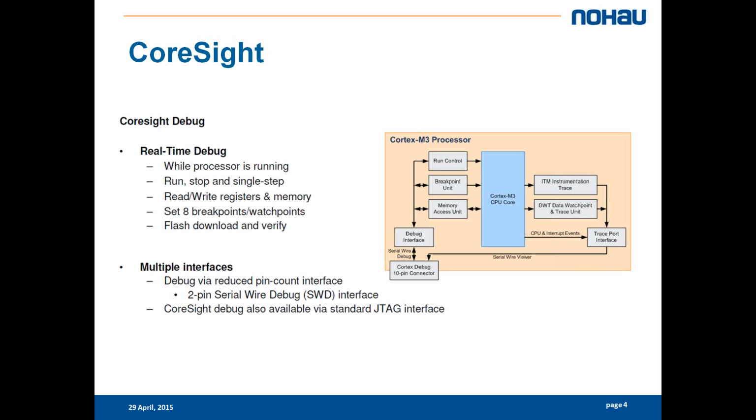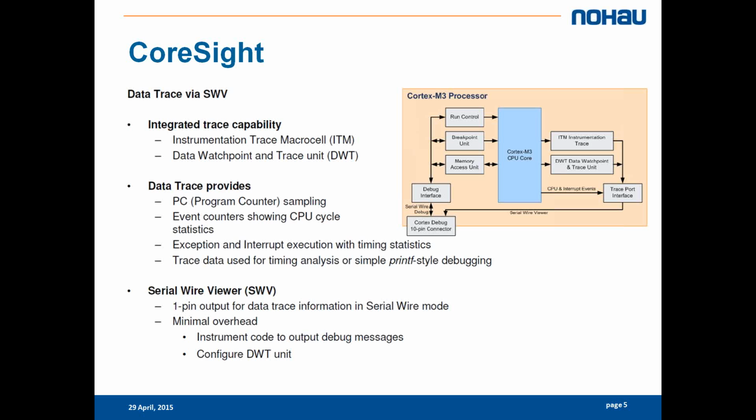of course. So the next step is to use the serial wire viewer, which is basically the serial wire debug, the 2-pin interface, and then you have 1 pin of output for trace data, which is called serial wire output. With this, you get all the features you have with debug, but also you can do some PC sampling and event counters.